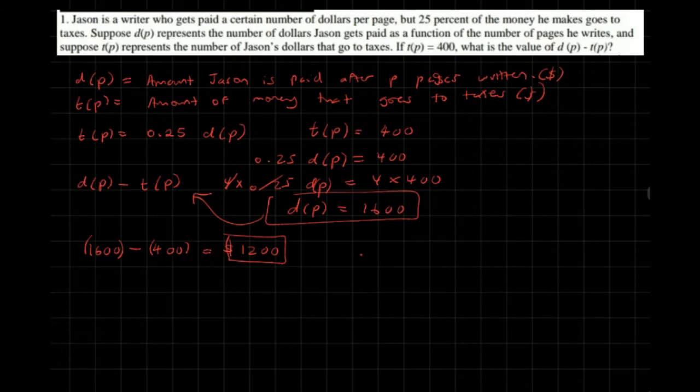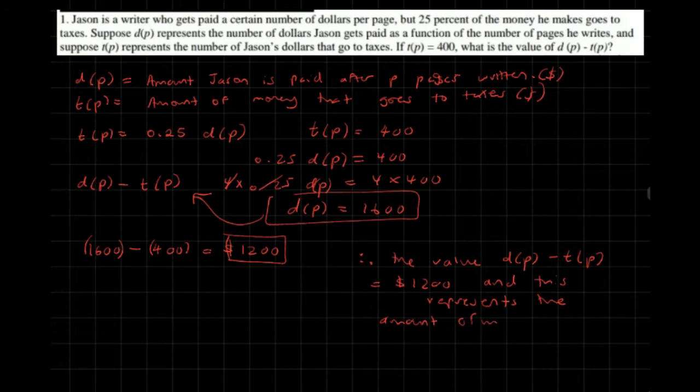Therefore the value of DP minus TP is equal to 1200, and this represents the amount of money that Jason makes after taxes. You can think about this as net income basically.